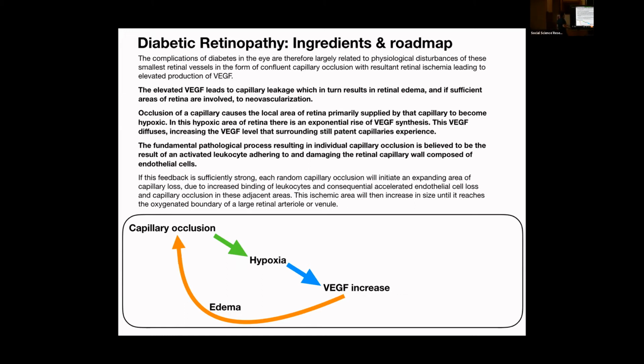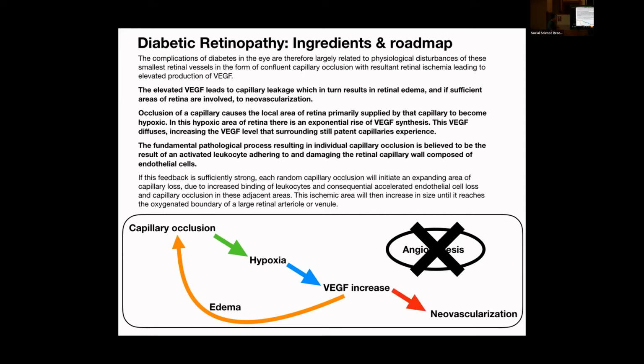Of course, capillary occlusion can start from different things that I think this model is not taking into account, because it would be rather complex. There's another important variable, which is angiogenesis, but that's also a very complicated thing to model, so we ignore that. Eventually, well, you cannot see it here, but it's neovascularization.